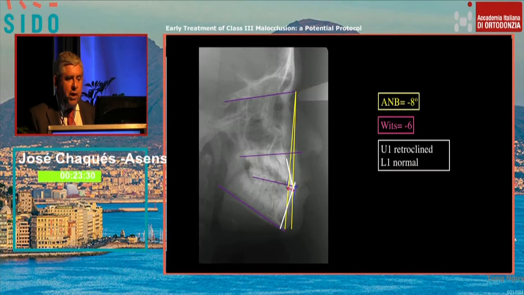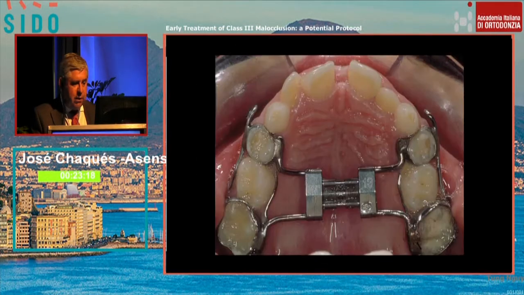Again, a typical situation that we would approach relative to A and B, -9, which -6. There are no signs of dental alveolar compensation at this moment. The proclination of the upper incisor is retroclined, and again, we use a combination of a Hyrax on the 6s and Ds in this particular case.